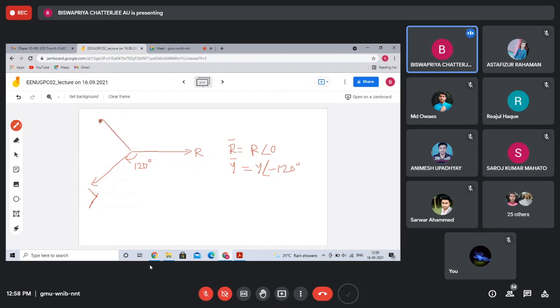Similarly, B, the third phase, is lagging by another 120, so 240 degrees, and B can be written as angle minus 240 degree. So these are all the conventions.